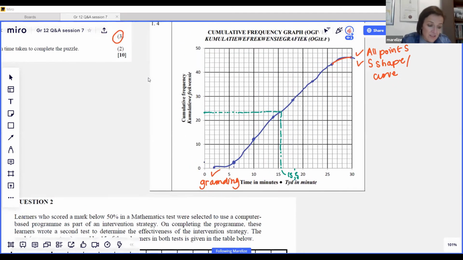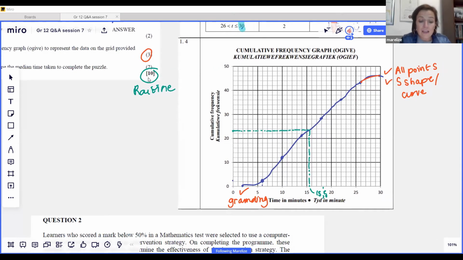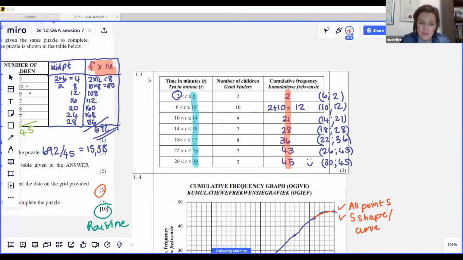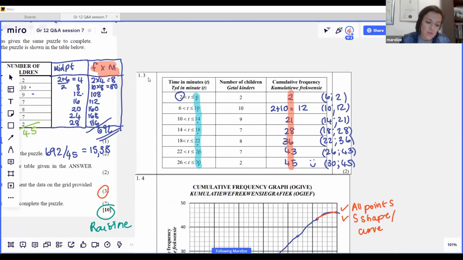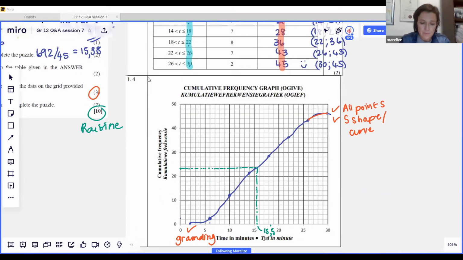Okay, so this was 10 marks, all routine. If you study and you know your work and you were writing this paper, you would probably feel quite relaxed now because you've done 10 marks of fairly easy questions. For those of you who are shaky on any of these things, now is the time to make a to-do list and say, I have to revise cumulative frequency or Ogive curve, as some of you might know it.